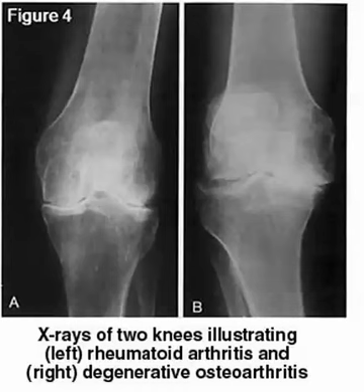Now let's discuss the diagnosis. Criteria developed by the American College of Rheumatology are widely used to diagnose RA. There are 4 clinical criteria that must be present for at least 6 weeks. Morning stiffness, arthritis involving 3 joint areas, arthritis of the hands, and symmetric arthritis.